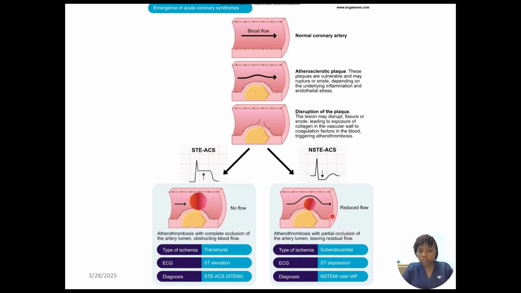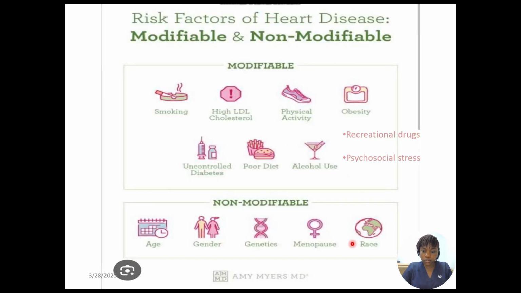Now, if this mismatch by the reduced blood flow does not lead to infarction but causes ischemia, then it is called unstable angina. So patients with this condition will report symptoms that are unpredictable, whether at rest or during activities, but there will be no evidence of infarction, such as release of cardiac enzymes in the bloodstream.